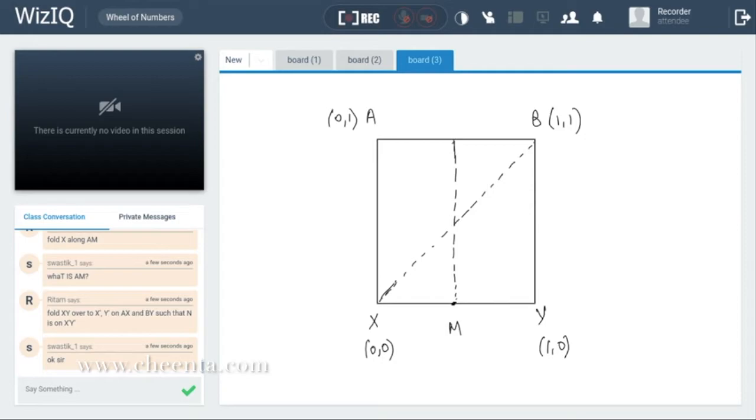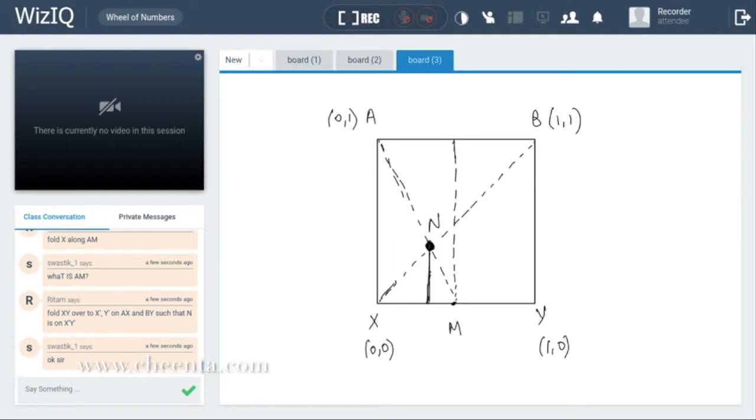Like this. And then fold along AM to find out this point N. So basically you intersect the lines BX and AM and then fold AX across N.